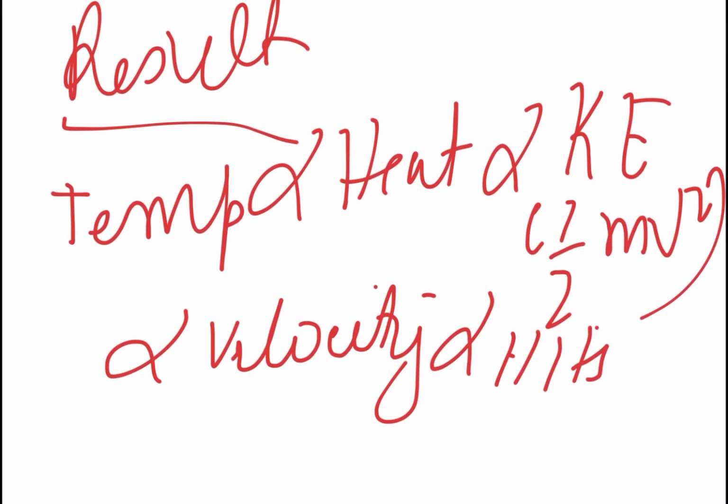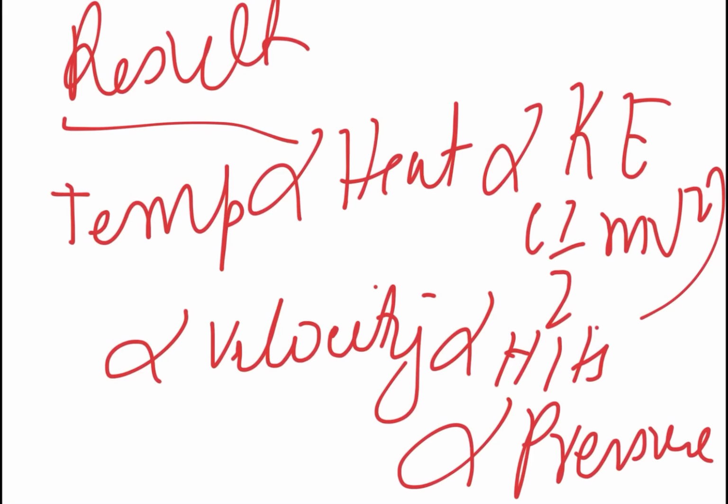The more the velocity, the more the hits to the walls of the container, and this is directly proportional to the pressure, which gives me that temperature is directly proportional to pressure. Okay, this is the conclusion with which we will close the class for Gay-Lussac's law. It is very simple, and you can easily calculate with the help of the formula as well. The graph is called an isochore because it's at constant volume.